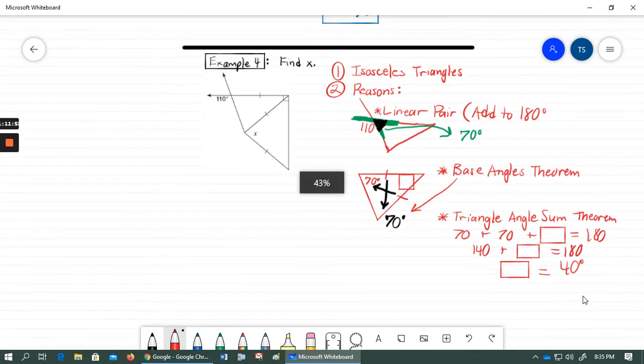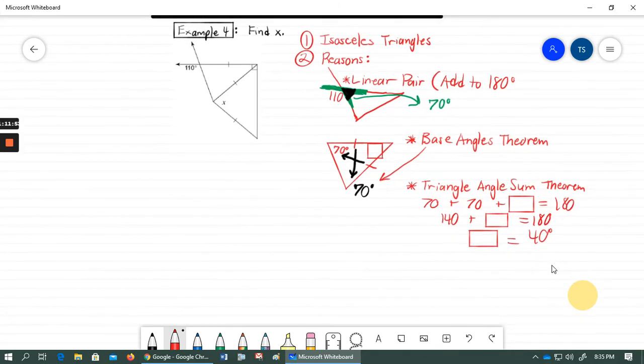From there, now that we got that, let's take what we know about that right angle symbol and the fact that we've got a pair of complementary angles there.